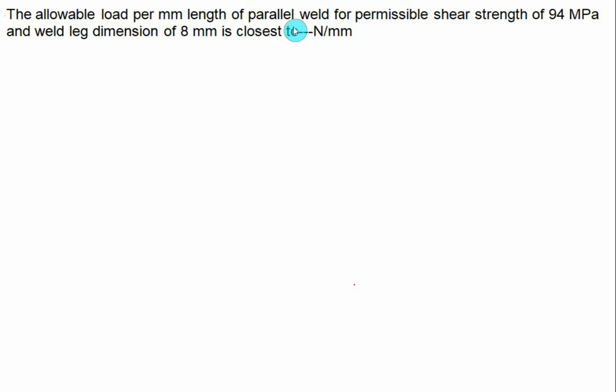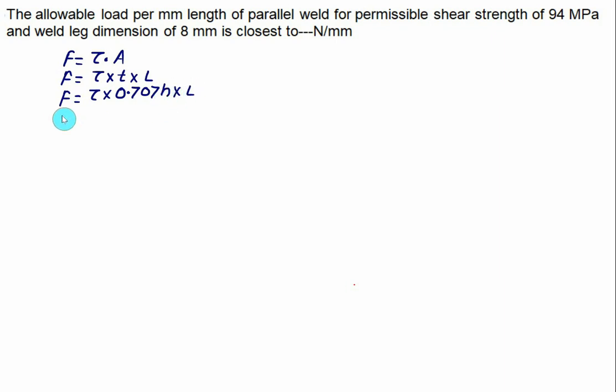Since we have given here the parallel fillet, we have F is equal to tau multiplied by the throat area A. Throat area is given as throat thickness T multiplied by length of weld L. We are interested to know here F by L, that is the allowable load per mm length. So we have F is equal to tau, and throat thickness we can replace as 0.707 multiplied by leg size multiplied by L.